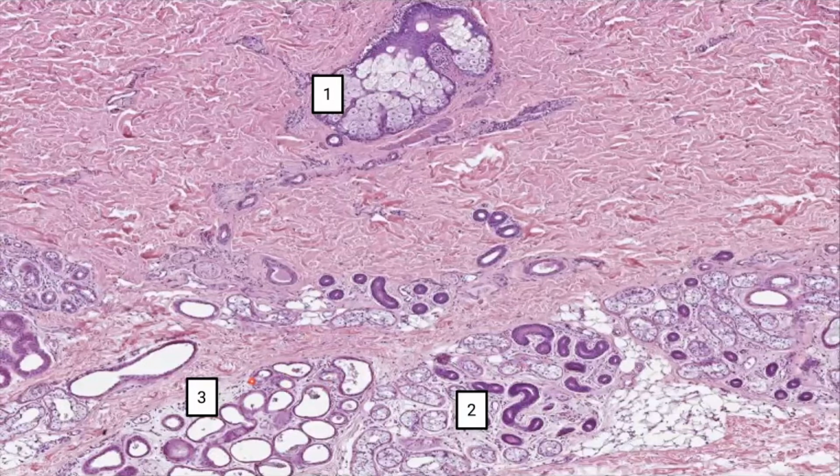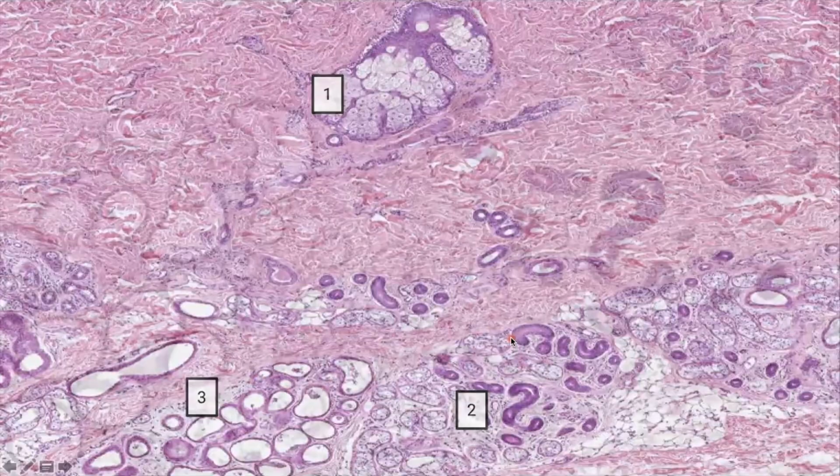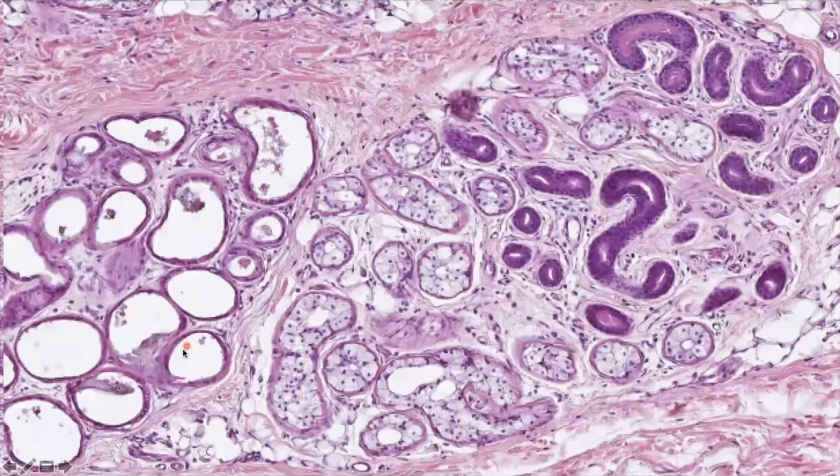So let's take a closer look at those glands here. As we can see on the left here, our apocrine glands have a lot of luminal space in them. That's often what I view as a mnemonic for apocrine glands: these widely distended glands deep in the dermis that will often be next to eccrine glands here.